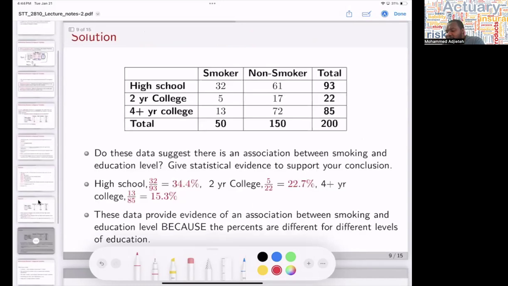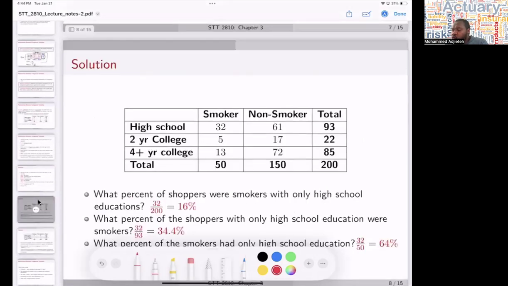When we look at our table here, how many shoppers do we have? We have 200. Were smokers with only high school education, so it's going to be 32 over 200.